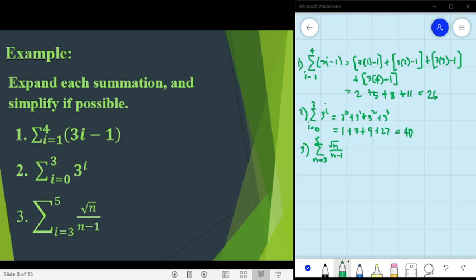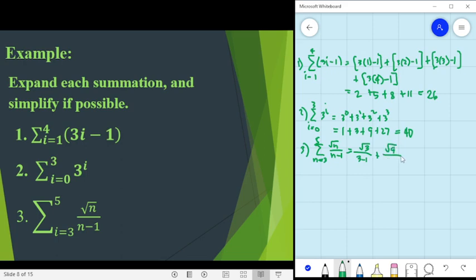Substituting the n with 3 first, we have square root of 3 over 3 minus 1 plus square root of 4 over 4 minus 1 plus square root of 5 over 5 minus 1.